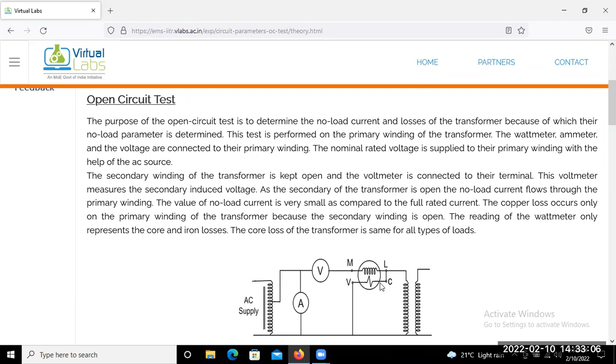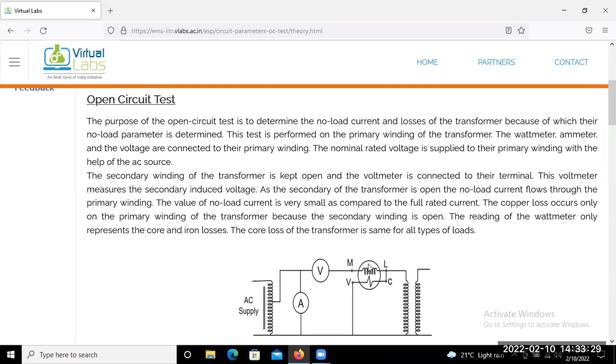So on the analog wattmeter, you will find the four terminals M, L, and C, V. Keep in mind the terminals of the current coil, that means M and L, and the pressure coil C and V, so that you are able to connect a wattmeter when you perform the open circuit test.